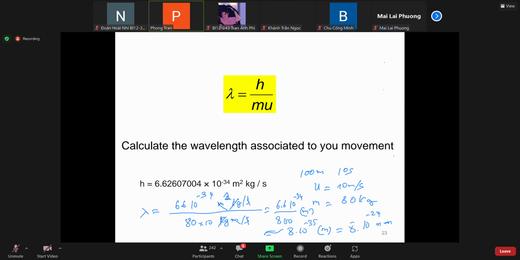We cannot detect this guy's wavelength. So when someone says this guy is shining like a star, it is just, how to say, a literary saying. It does not really have a physical meaning.